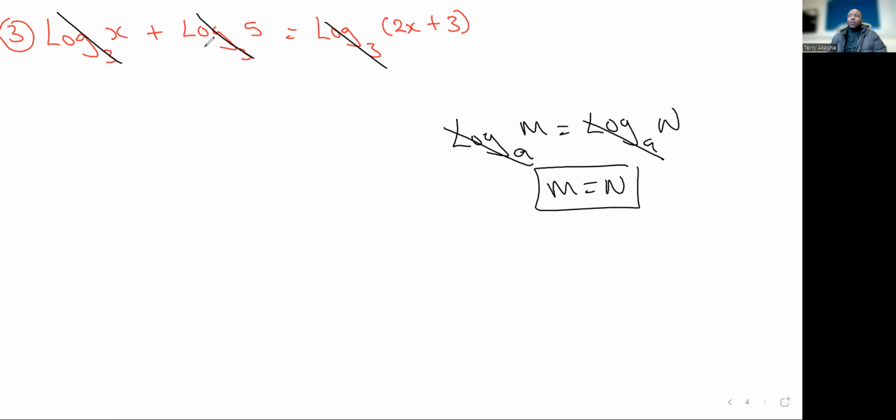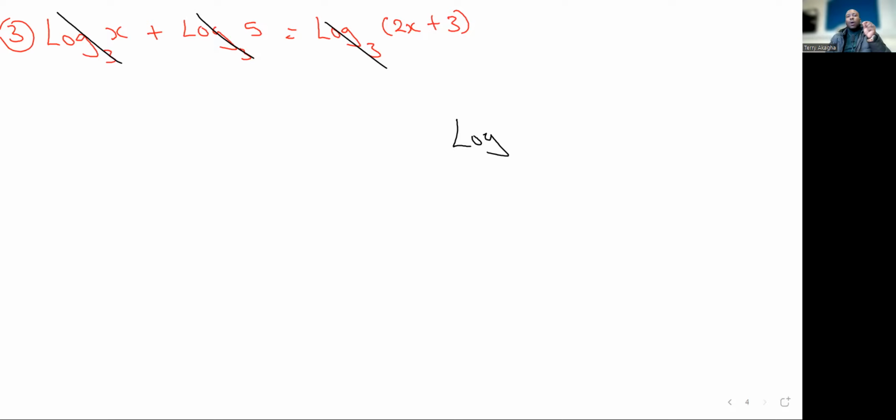But you can't use it here because you don't have just one log on both sides. So you can't apply that method here. That means you have to first simplify the left side so that you have just one log, then you can cancel out.